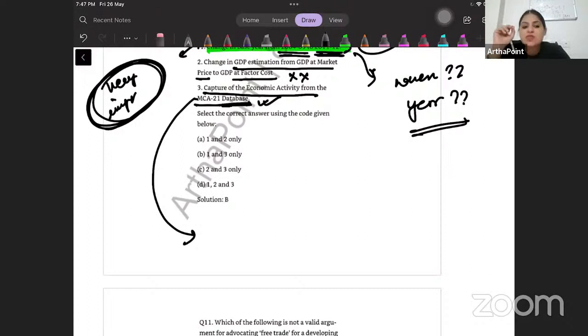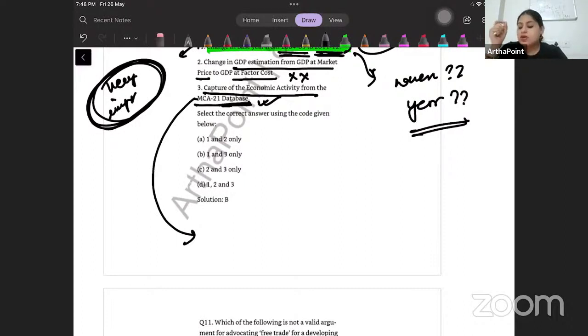If you go into the government websites, beta, you will understand that MCA 21 tries to automate all the processes, all the legal requirements under the Companies Act.